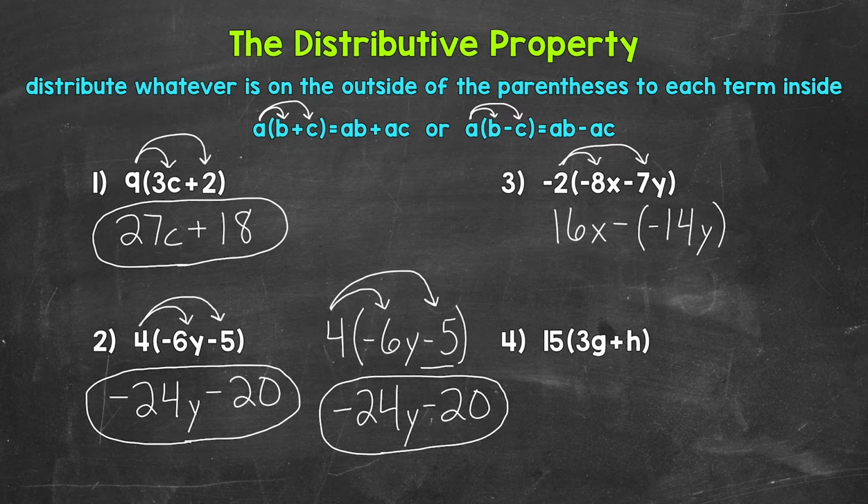We can change this to addition, and that will make this simpler and, like I said, clean it up a little bit. We can rewrite this as 16x plus 14y. We don't have any like terms that we can combine, so we are simplified again, 16x plus 14y.